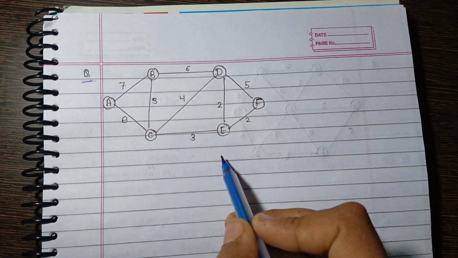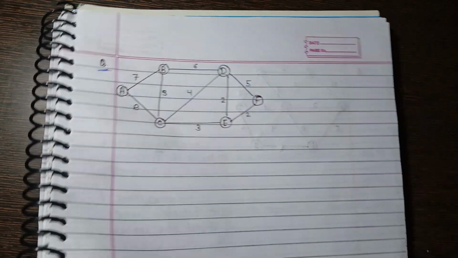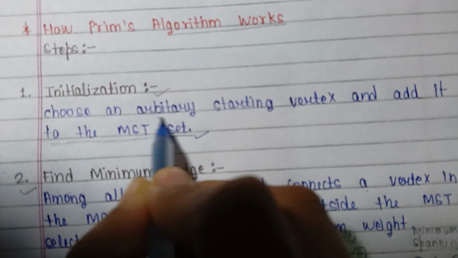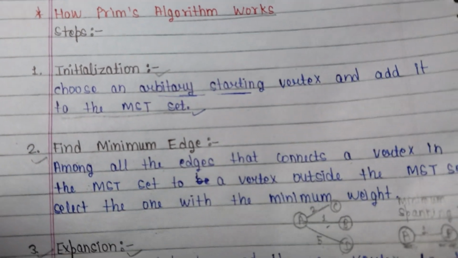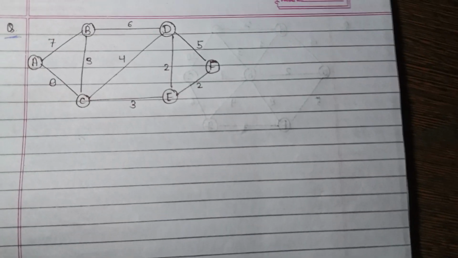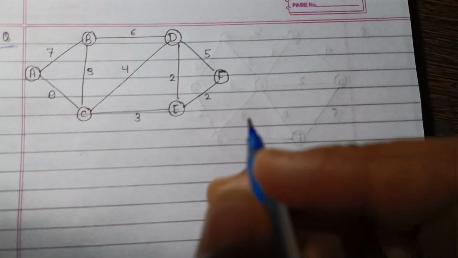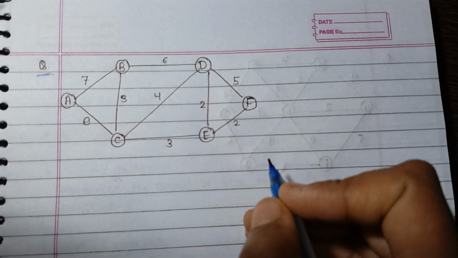In Prim's algorithm, as I already told you, we can start from an arbitrary vertex. Arbitrary means you can start from a random vertex, in the case when a starting vertex is not provided in the question.